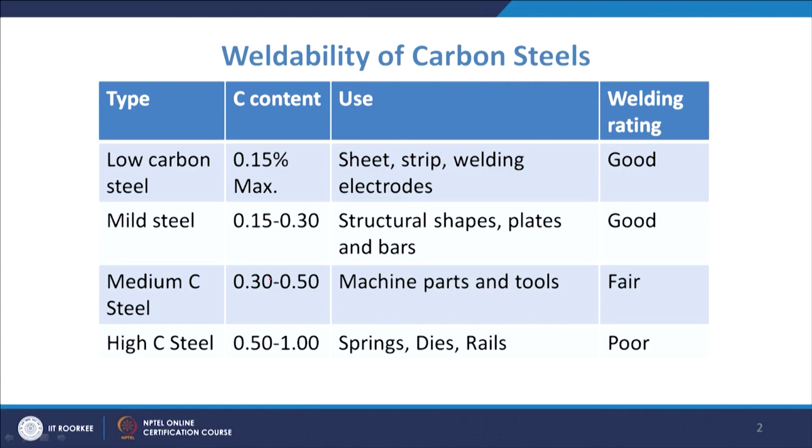Then we have the medium carbon steel. So, in this case the carbon is in the range of 0.3 to 0.5%, and they are normally used for the machine parts and tools. And here the welding rating is said to be fair. So, normally you have the preheating requirement, or you have the requirement of post weld heat treatment.